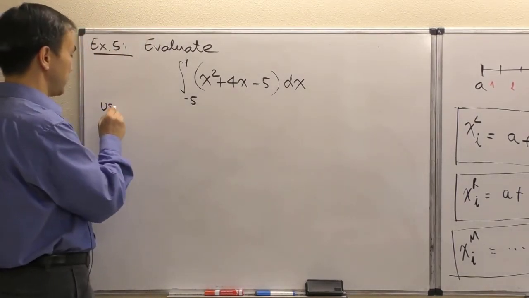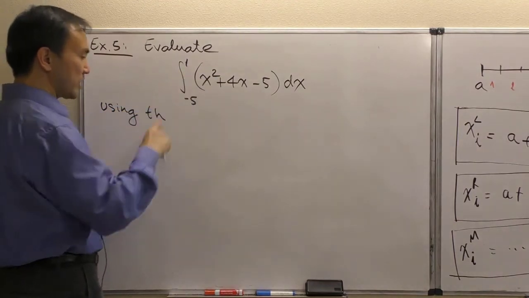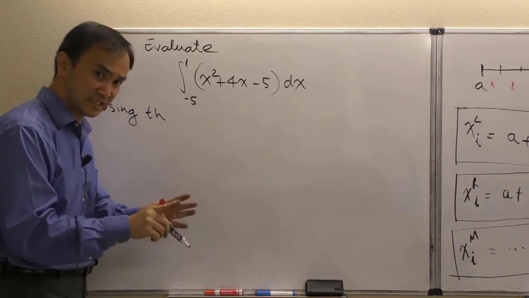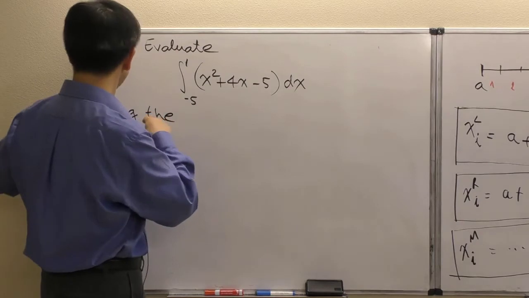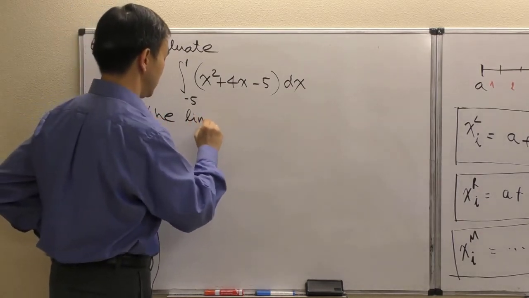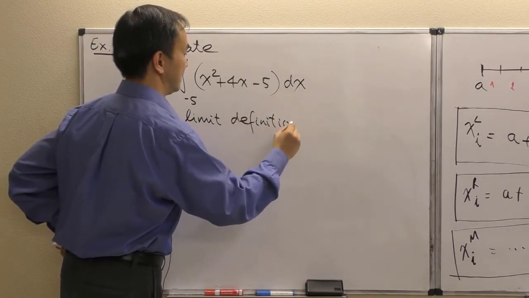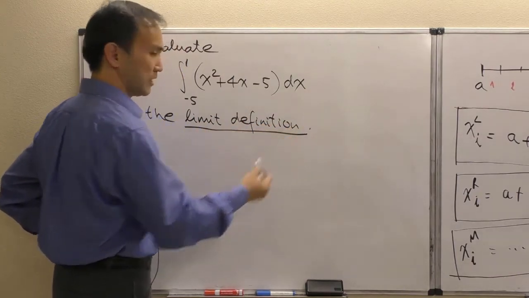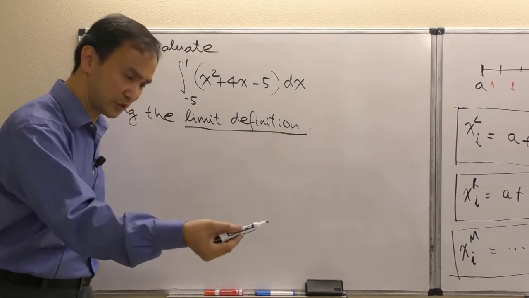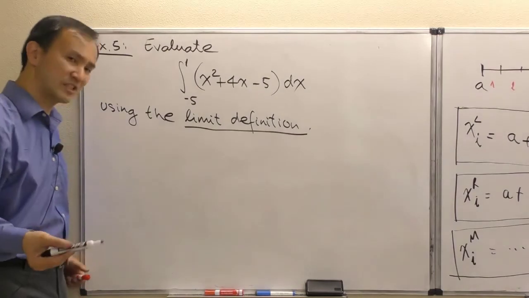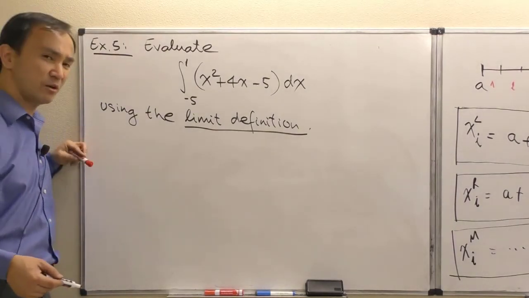With this work, we want to come up with the exact answer using the limit definition, I mean the limit of the Riemann sum. It's a process, and we can use that limit definition to calculate our integral.